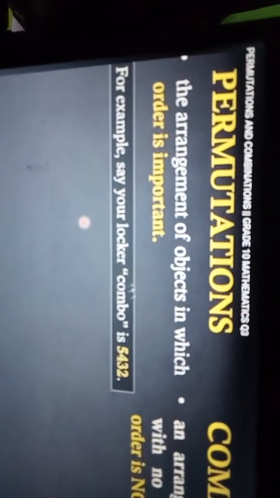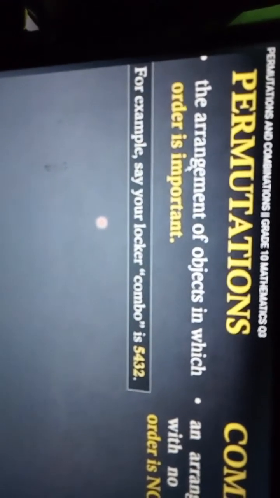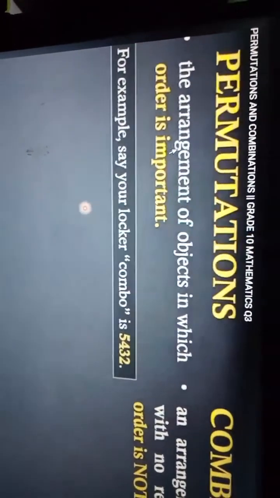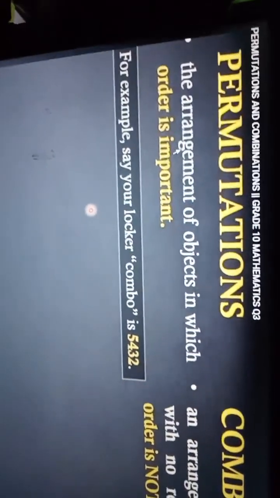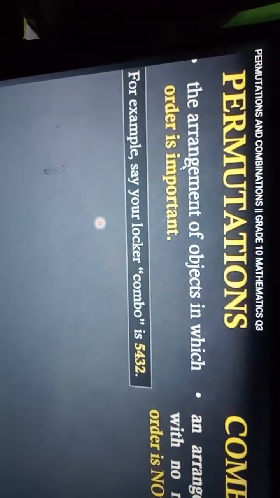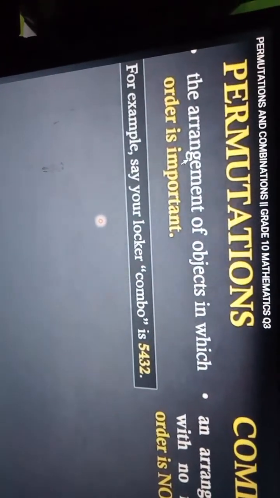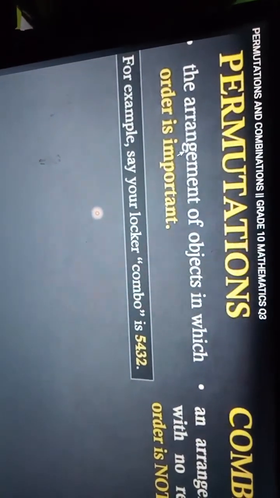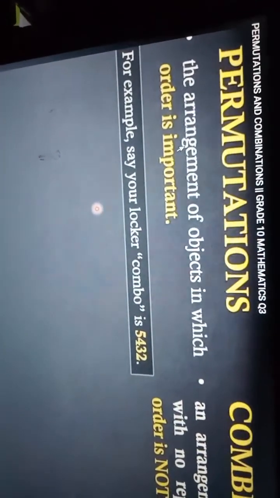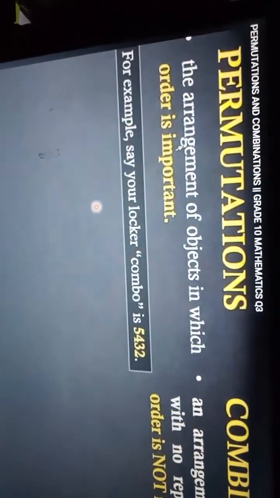In the study of permutation, the notation n factorial can be seen. Say for example you have 5 factorial, it means that 5 must be multiplied to the next lesser number.